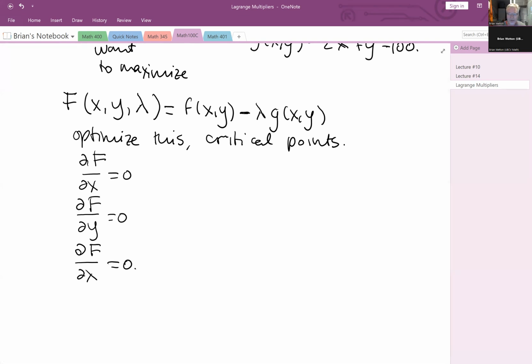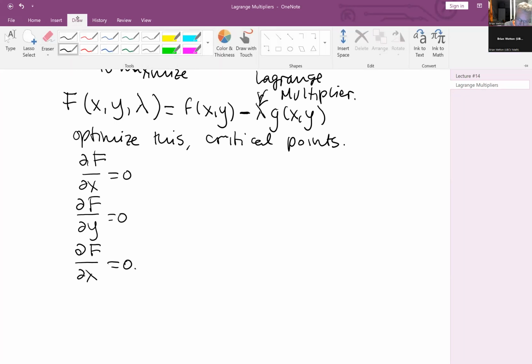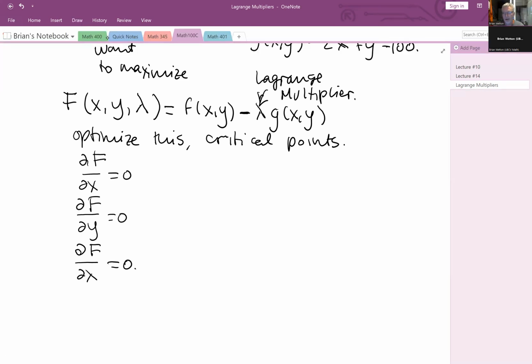Don't worry if you've seen it as plus in other places; you're just changing the sign of this multiplier. And maybe I should tell you, this is the Lagrange multiplier. It has a geometric meaning and an application meaning, and I'll show both of those in some detail later on in this lecture.